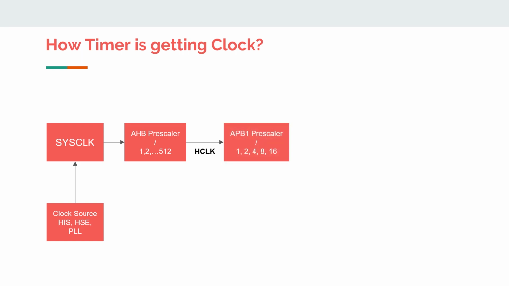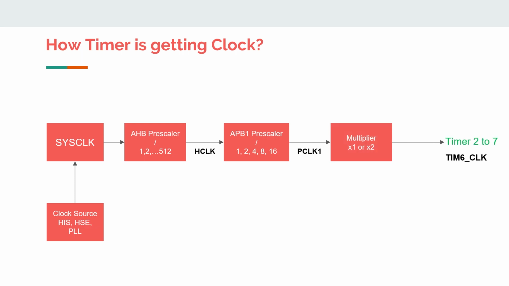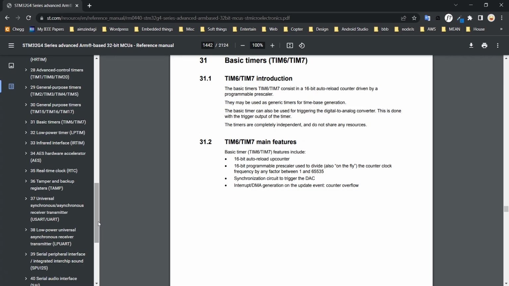Then similarly we have another prescaler called the APB1 prescaler. Then we have the output PCLK1. PCLK1 goes through a multiplier which will multiply the frequency value and finally reaches the timer 2 to timer 7 units. If you are surprised by this data, you can refer to the MCU reference manual.